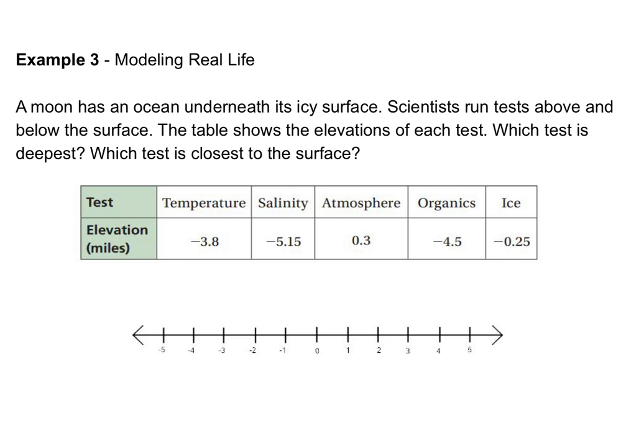So the deepest test is going to be the test that is furthest into the negative. So we're going to plot all of our numbers. -3.8, -5.15, 0.3, -4.5, and -0.25.